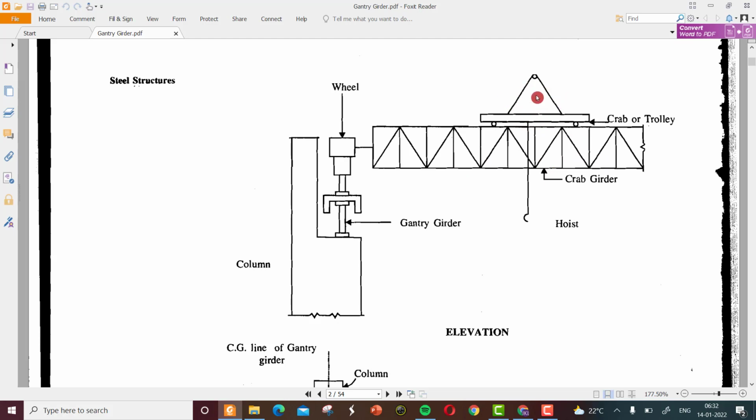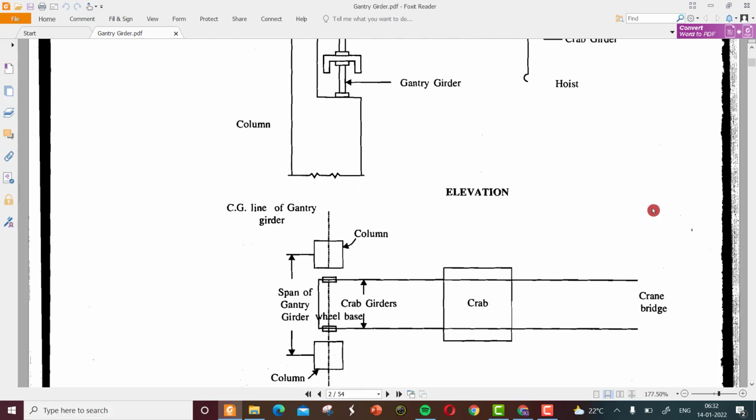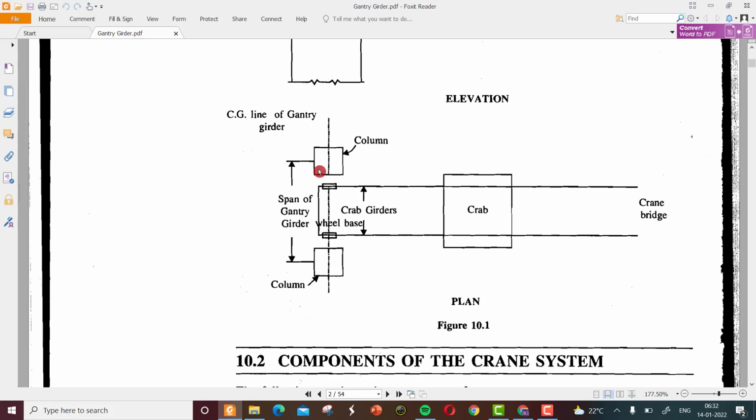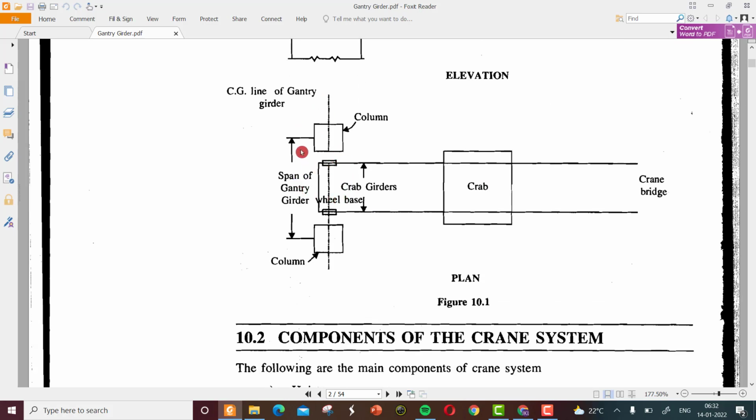and this small portion, structure or object, is called a crab or trolley, and we have the hoist for lifting and placing the objects. This is the top view. We have the span of the gantry girder from center of column to center of column.